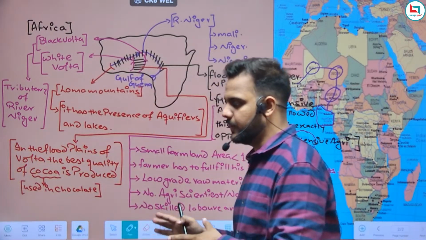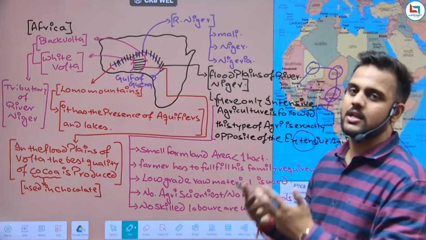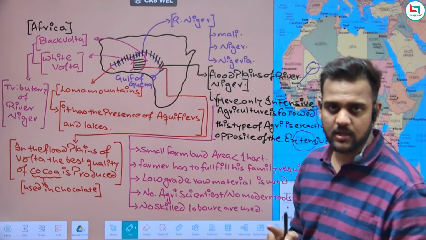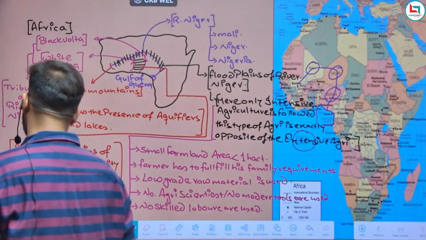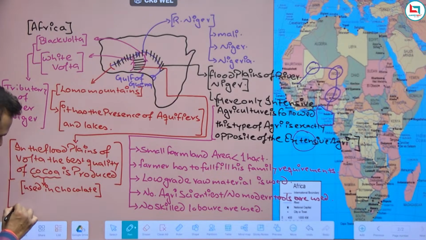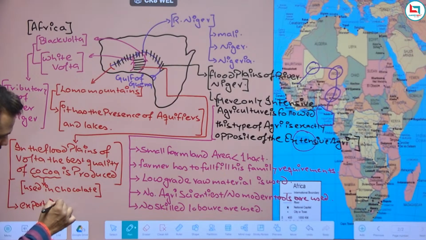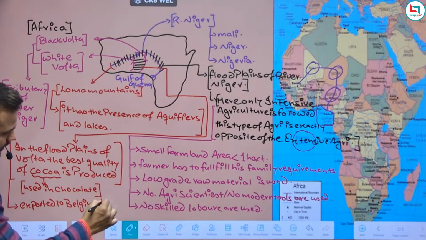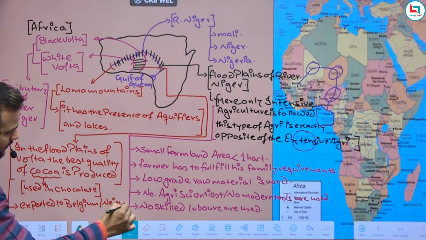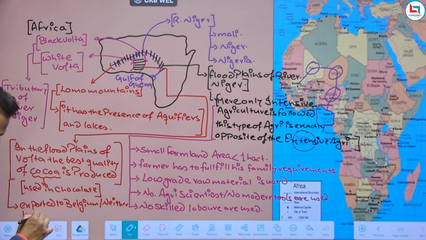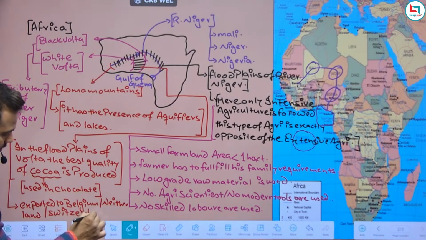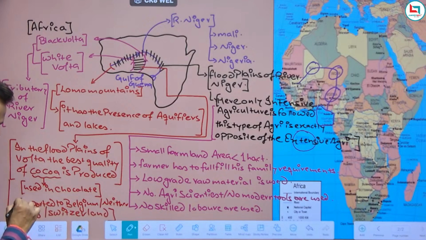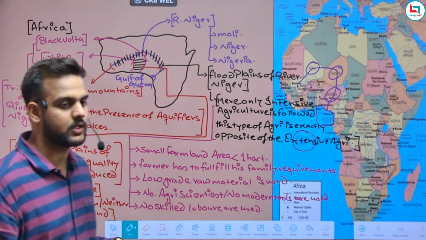So this cocoa is exported to Belgium, Netherlands and Switzerland. Okay, so these are the things that we should know first of all.